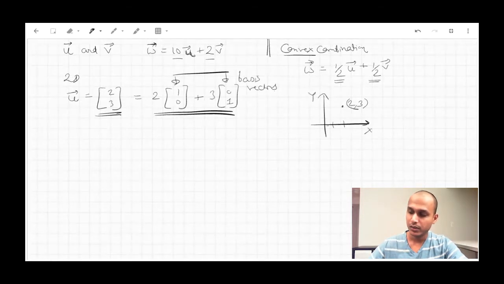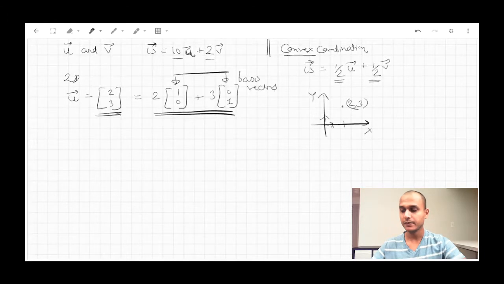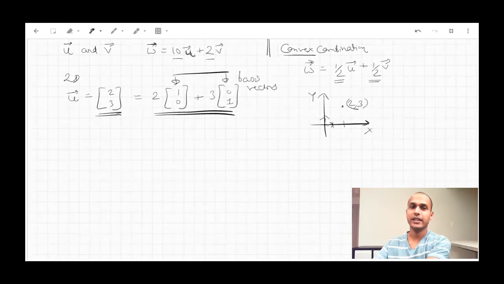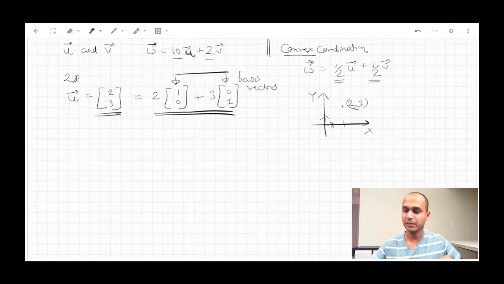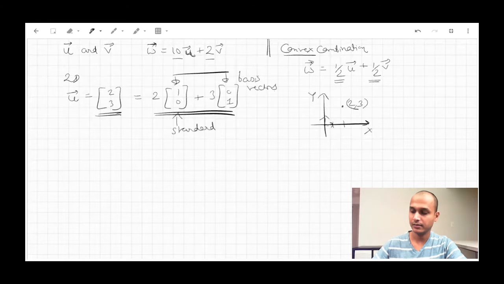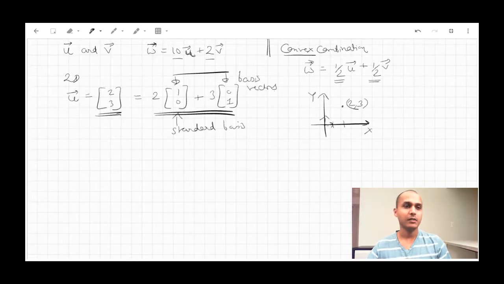But it's with respect to the basis vectors, which are (1, 0) and (0, 1). So when you specify a point or a vector, you are actually specifying an implicit basis, and that's generally the basis that we call the standard basis.